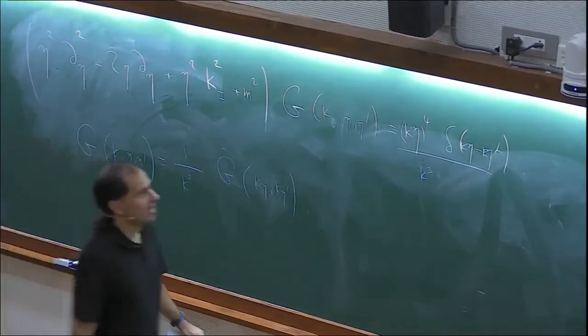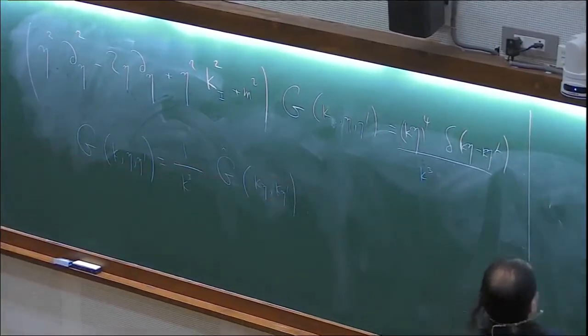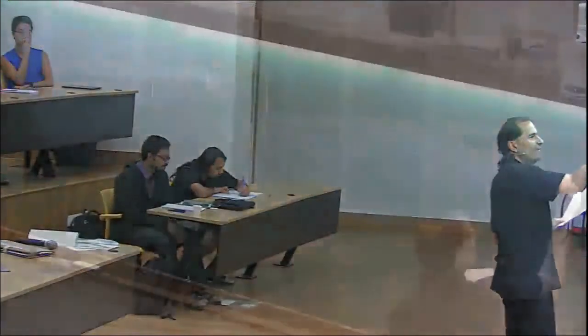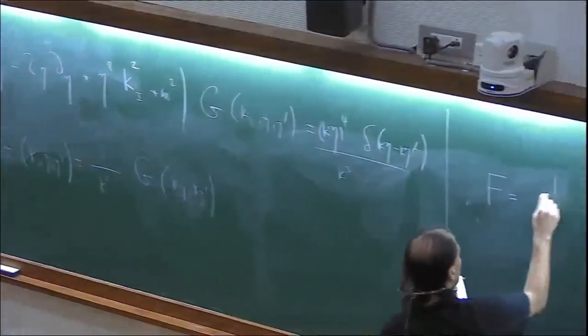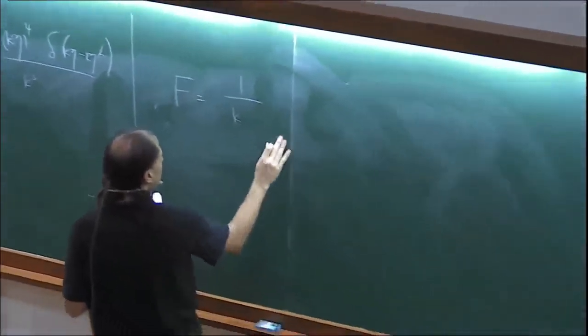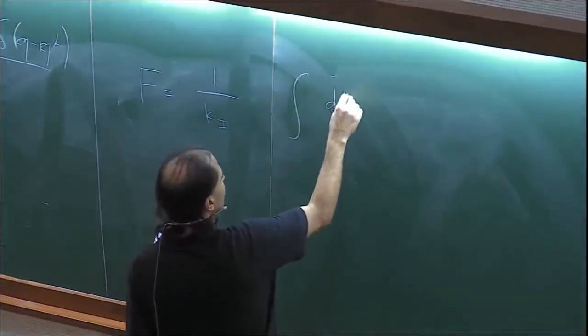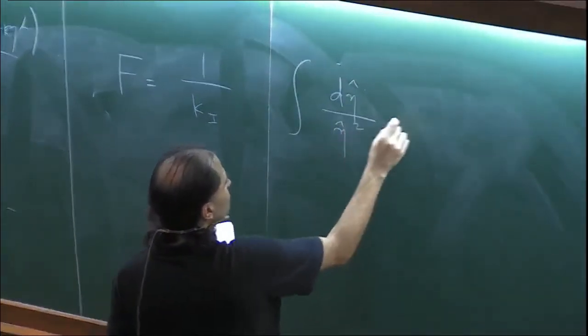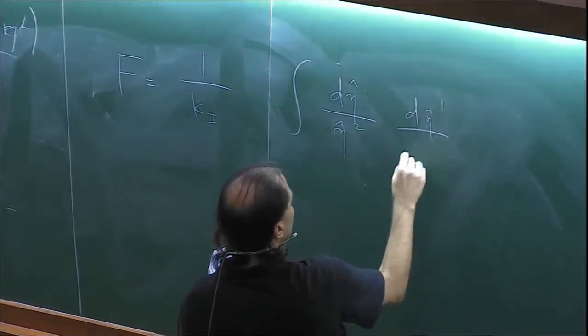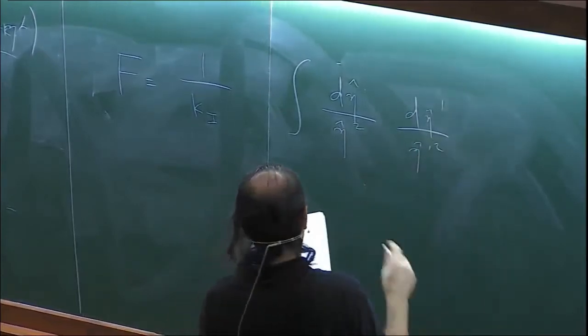And therefore, I can also trade the eta and eta prime for K eta and K eta prime. And so what I'm left with is this F is an integral with just a 1 over K intermediate in front of everything. An integral, let me call it d eta hat over eta hat squared, d eta hat prime over eta hat prime squared.